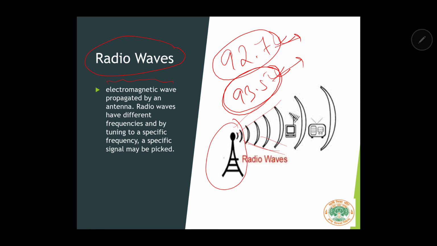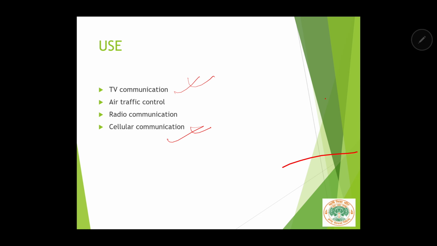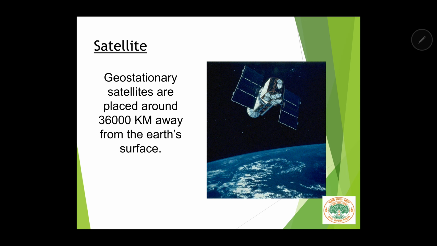So it's up to you which frequency you want to tune into. So by tuning into a specific frequency, a specific signal may be picked. Its use is in TV communication, in air traffic control, in radio communication, and in cellular communication in mobile phones.